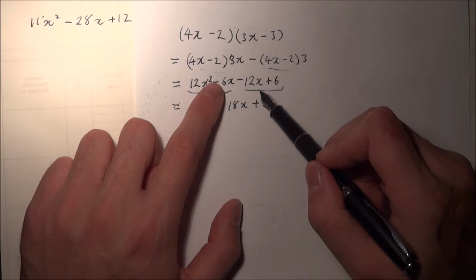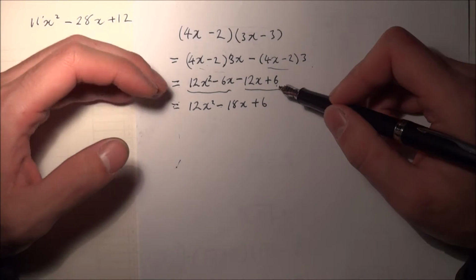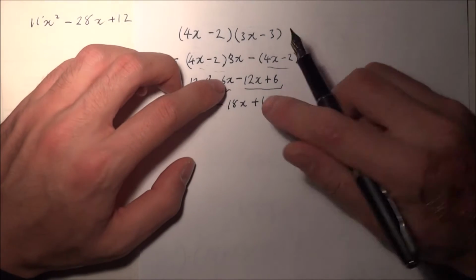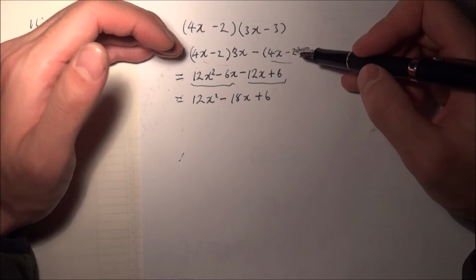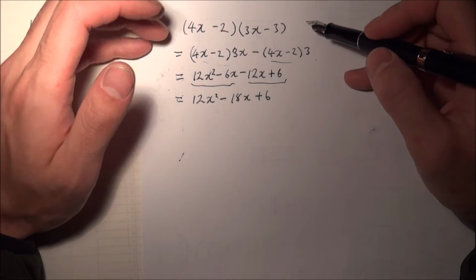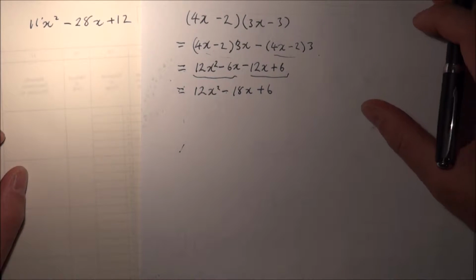Yeah? So if we can go back from the trinomial state to the previous state by splitting the middle term, then we can factorize into the second step, and therefore factorize into the original binomial product.